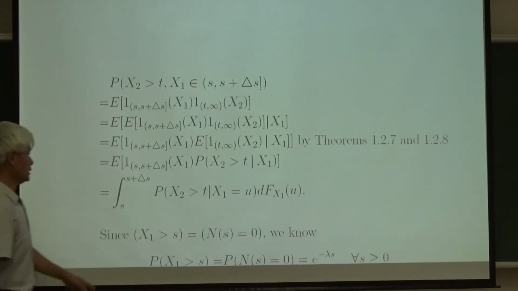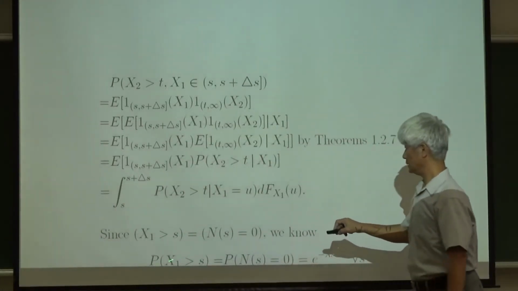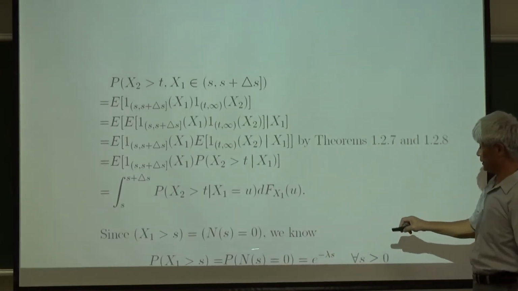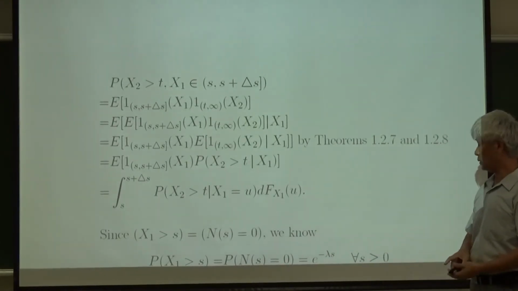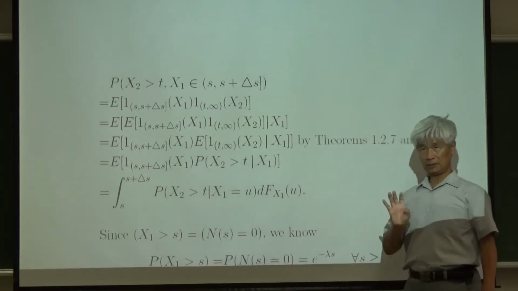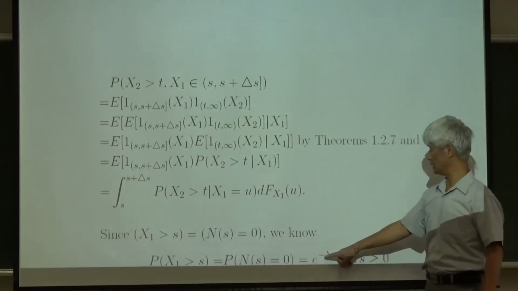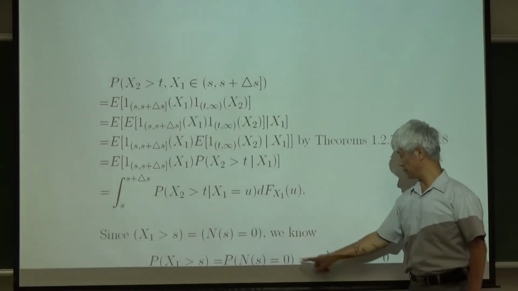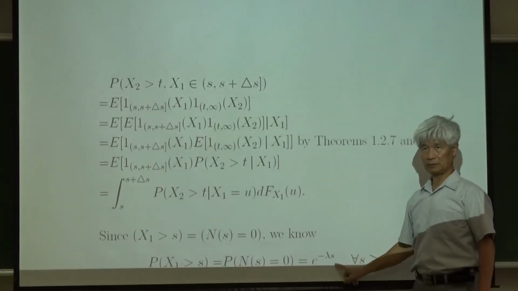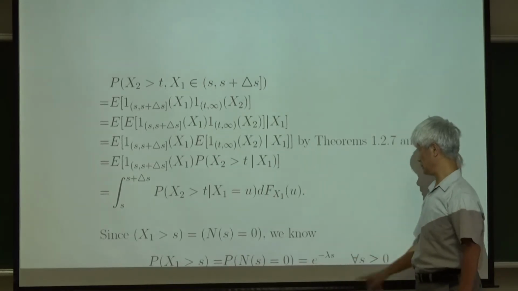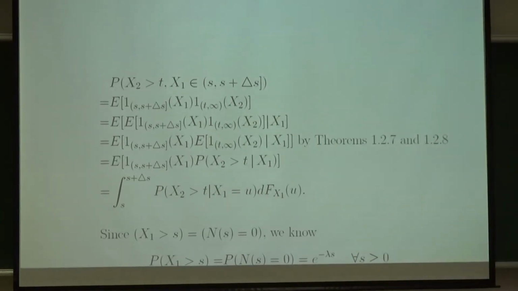So we know that the probability of this event is equal to the probability of that event. And as we know, N of s is Poisson distributed with parameter lambda s, so when it is equal to 0, this probability is just equal to this number.